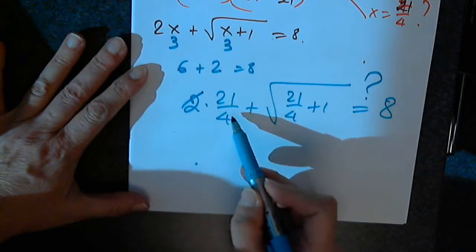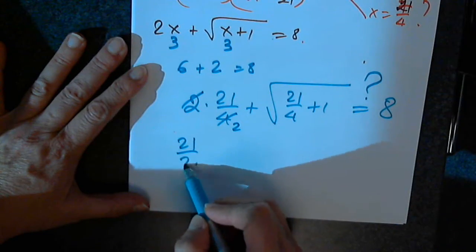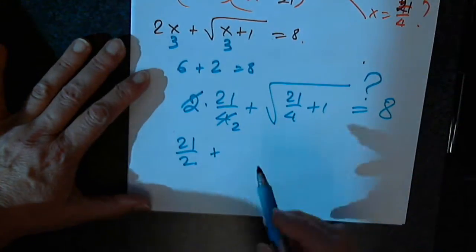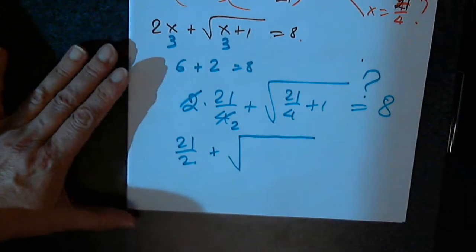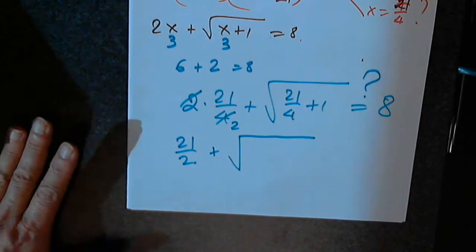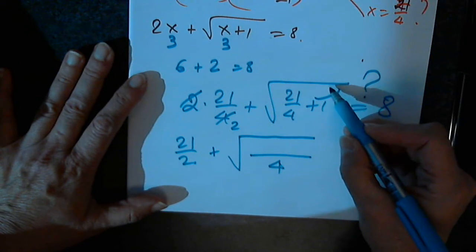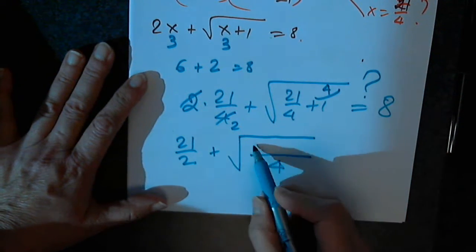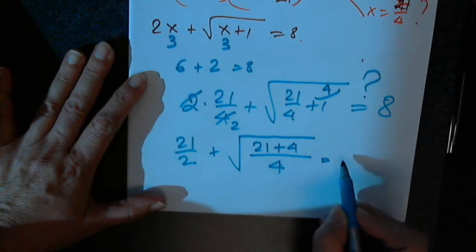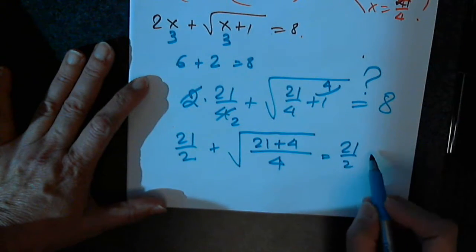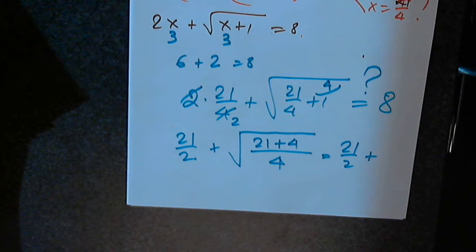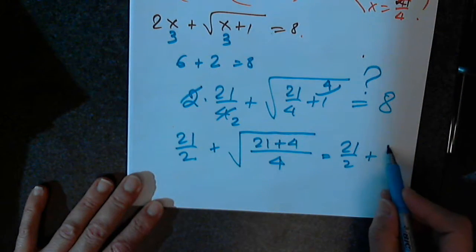So I will simplify. So I have 21 over 2 plus. Here I have to find the least common denominator, which is 4. Very good. So then this one needs a 4. So then 21 plus 4. So now I copy 21 over 2 plus. How much is 21 plus 4? How much is the square root of 25?